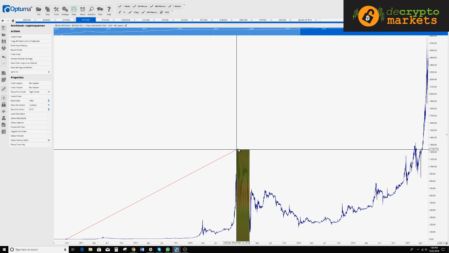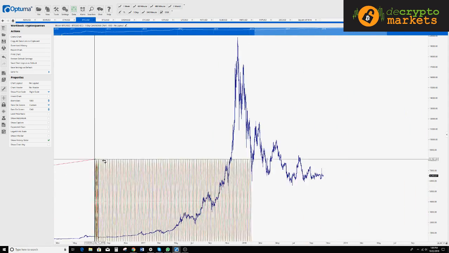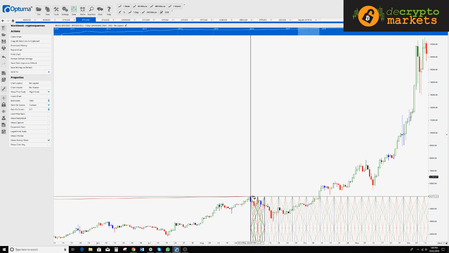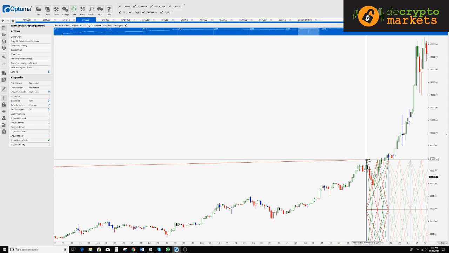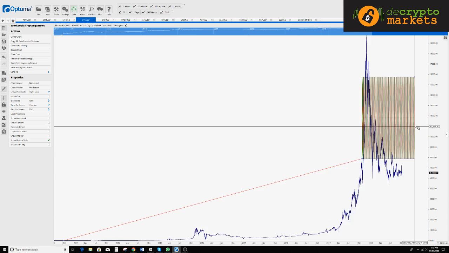So, when this was the high, the Mt. Gox era, then we should probably look at what happened when the swing high was all the way over here back in September of 2017, or maybe November 8th of 2017. How about that? We could try that one.